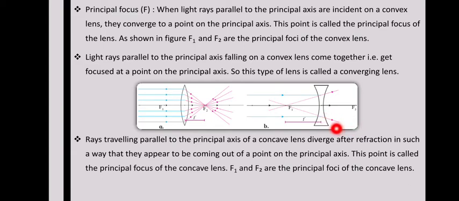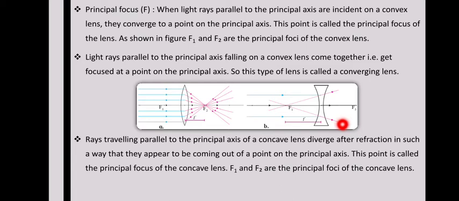They diverge in such a way that they appear to be coming out of a point on the principal axis. The rays have gone this way, but you imagine that the line is coming from here and not here. Actually this line is coming straight, then refracted.